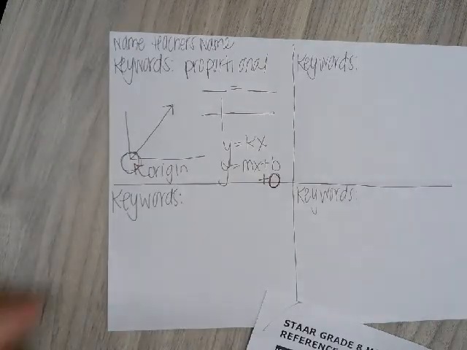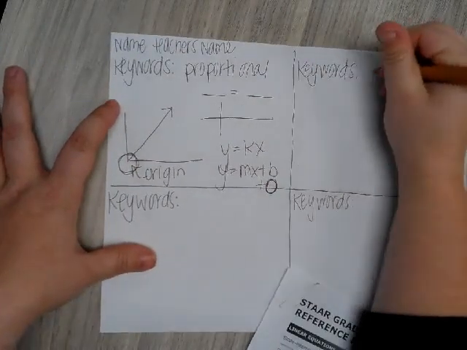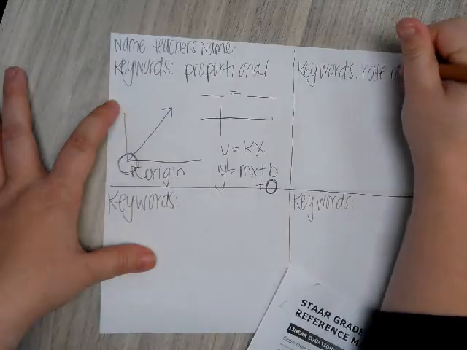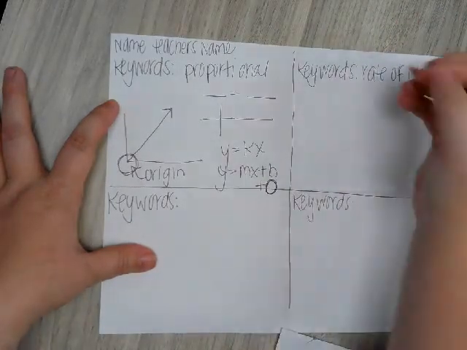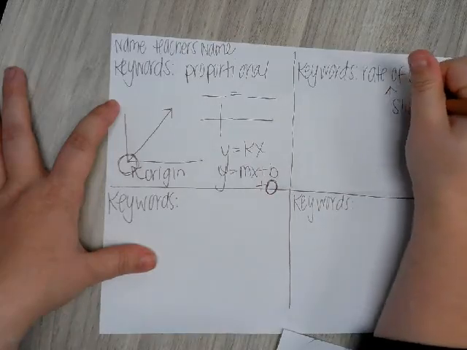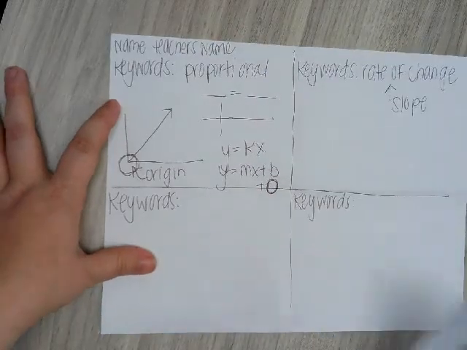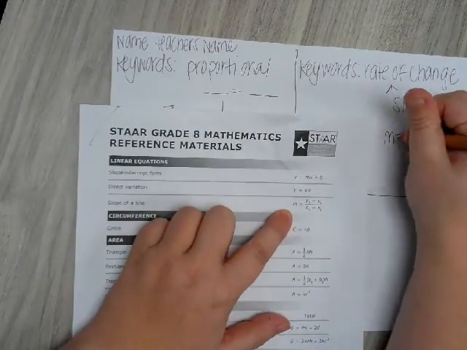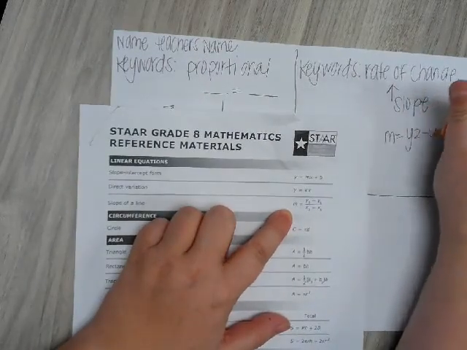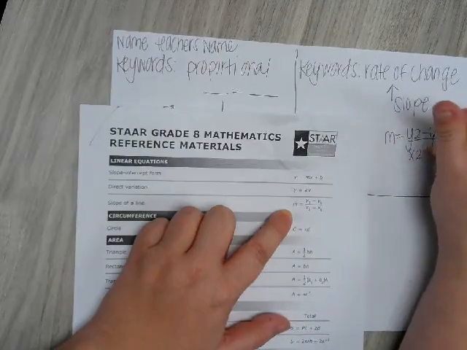Okay? Rate of change. Rate of change, that's your slope. That's your m equals y2 minus y1 over x2 minus x1.